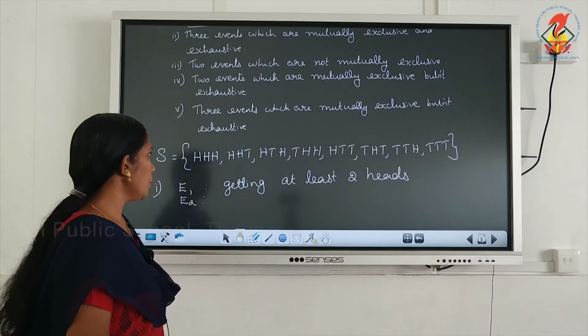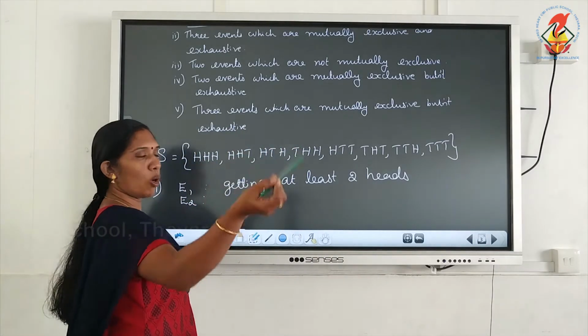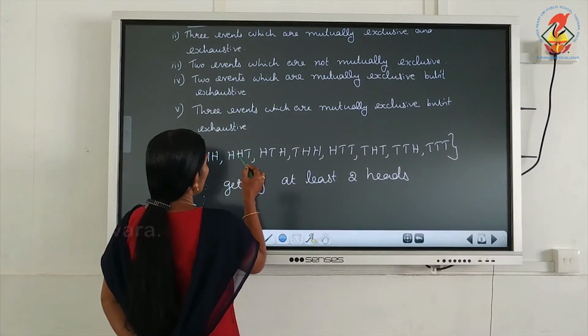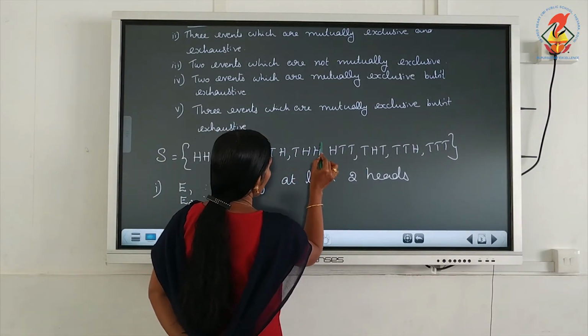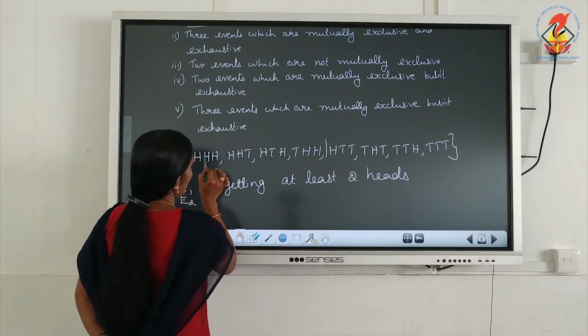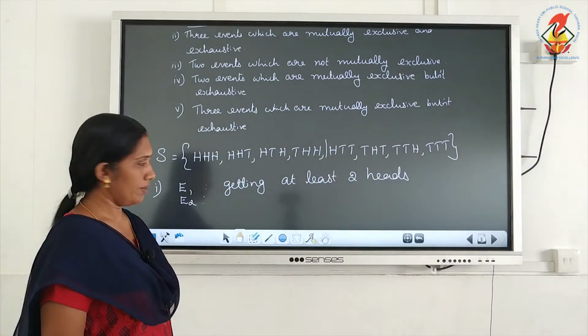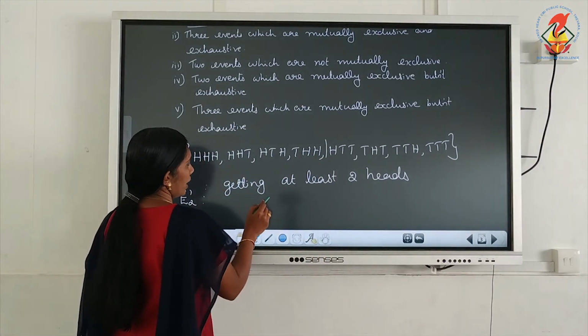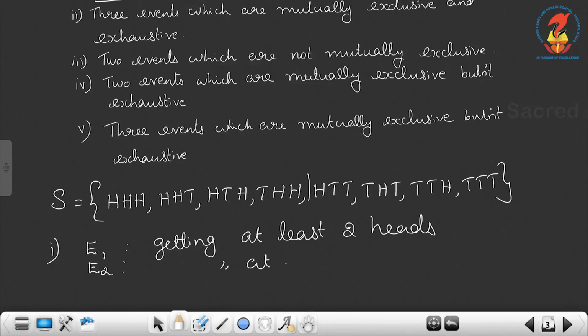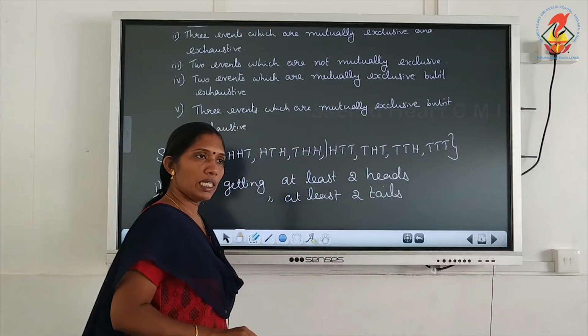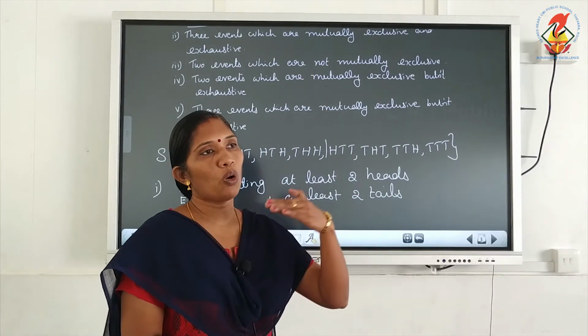Getting at least two heads means two or more heads, that is 3 heads, here 2 heads, 2 heads, 2 heads. So only this much, that is 4 outcomes in E1. Then E2, getting at least 2 tails. What do you mean by 2 tails? At least 2 tails, 2 or more.